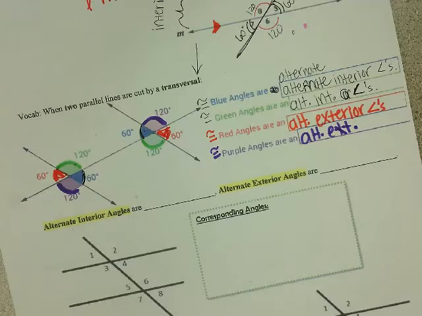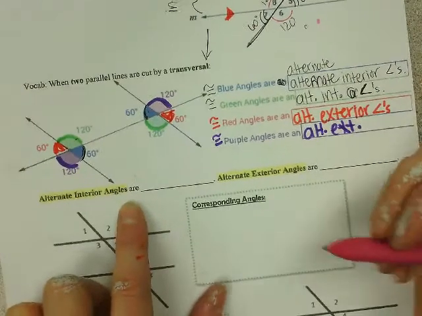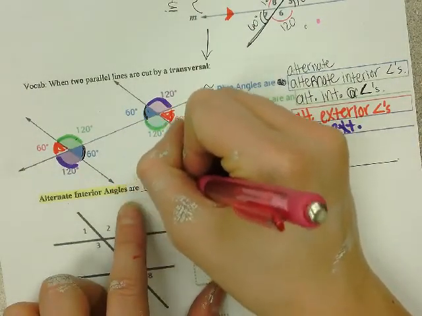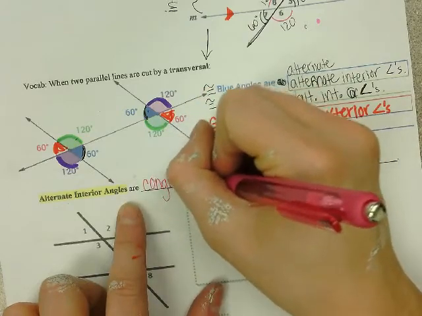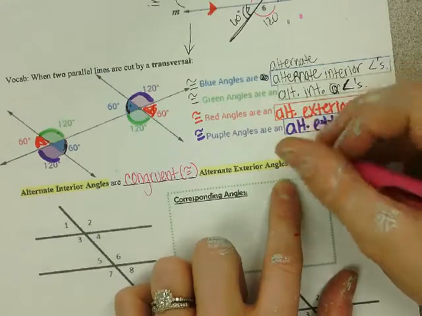Congruent means what? Equal. Same measure. All right, so alternate interior angles are congruent. Remember that symbol. And alternate exterior angles are also congruent.